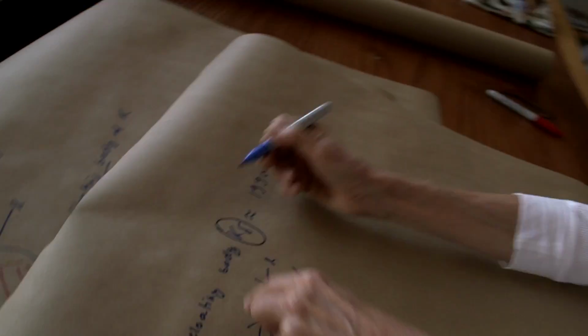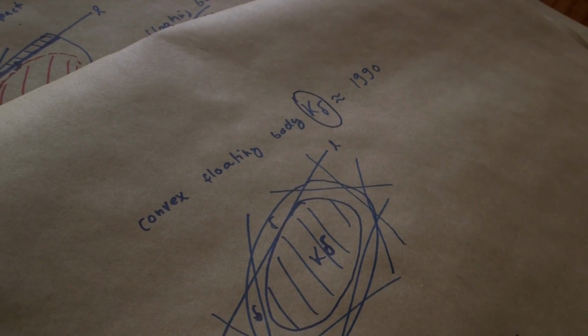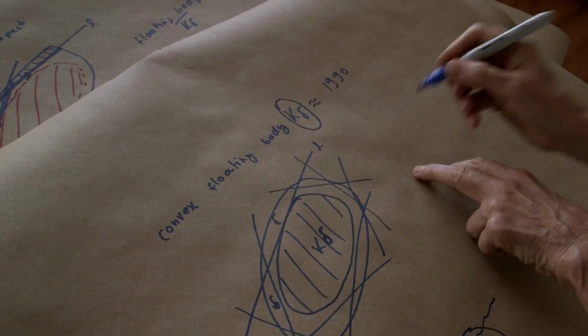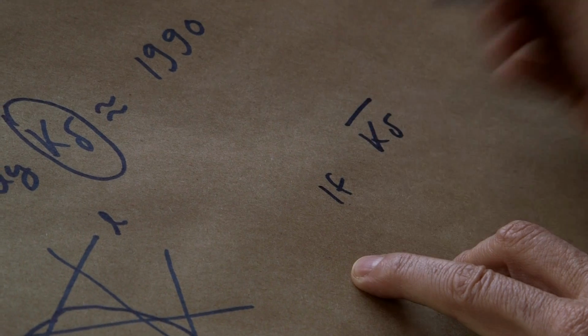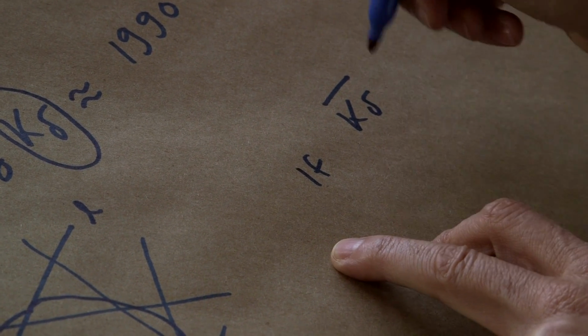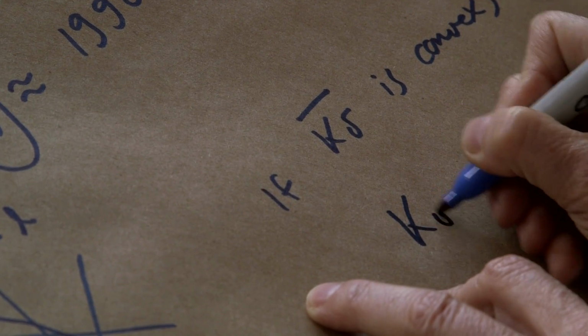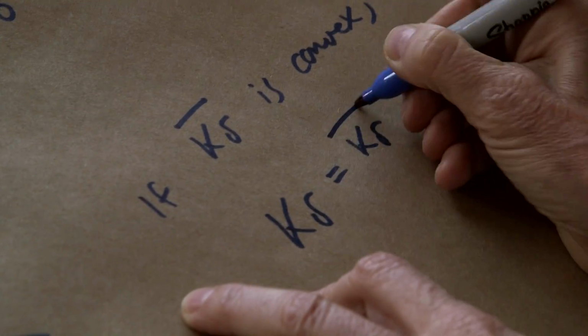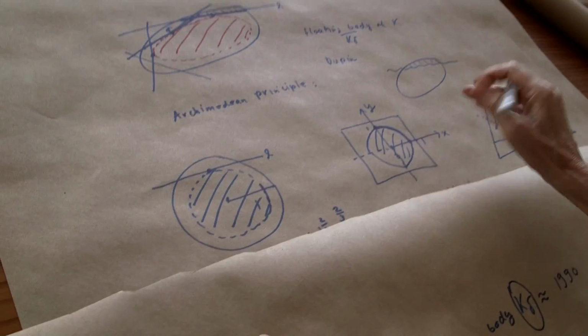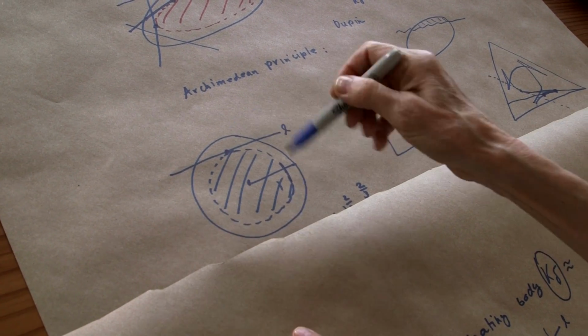Now, if we want to compare this convex floating body with the one that was given to us by Dupin, then we see that if this Dupin floating body, K delta bar we called it, is convex, then actually the two coincide. Then K delta is just equal to K delta bar. So for this example of the circle, we would just get the same circle.